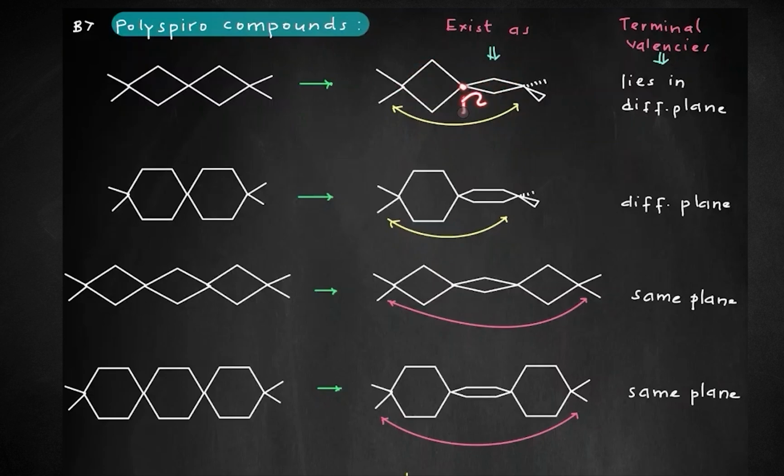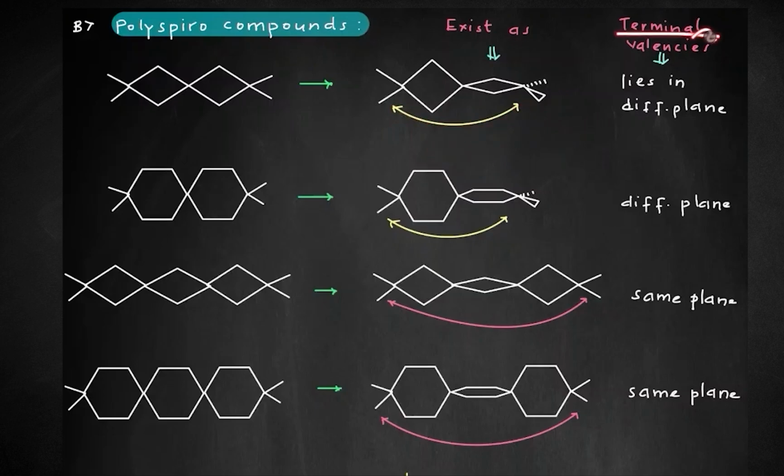Because this central carbon is sp3 hybridized, and the bond angle in all four bonds will be equal to 109 degrees. Because of this, the two terminal valencies of this ring will be in the plane of paper, but the other ring will not be in the plane of paper. So terminal valencies of both rings are perpendicular, that is, the angle between them is 90 degrees.